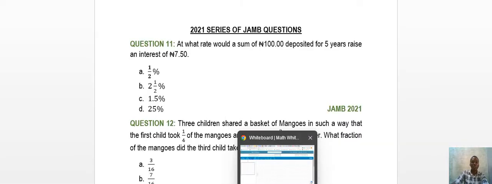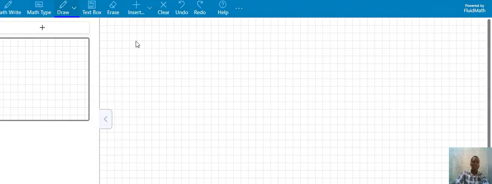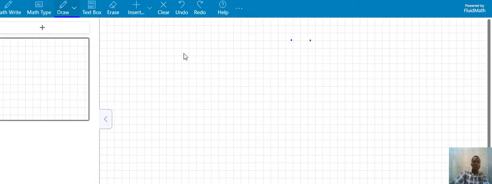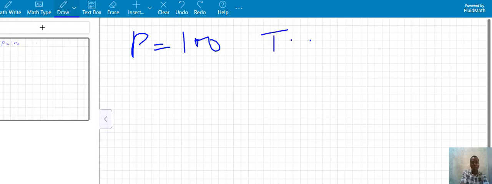Now take note of the parameters. We are given that our principal P is equal to 100 naira. And we're also told that the time is 5 years.